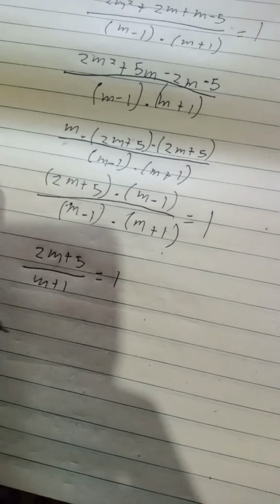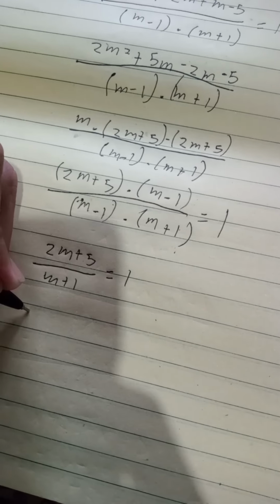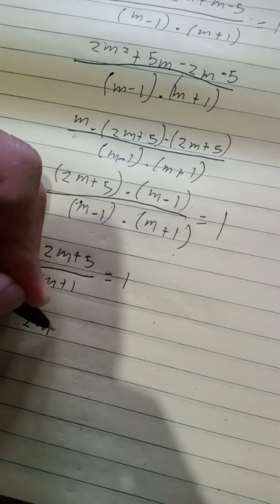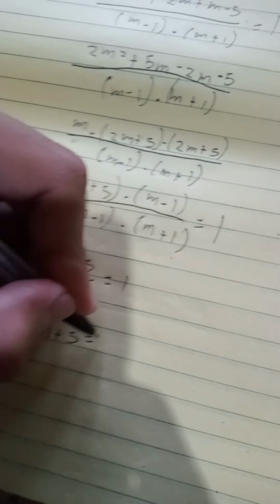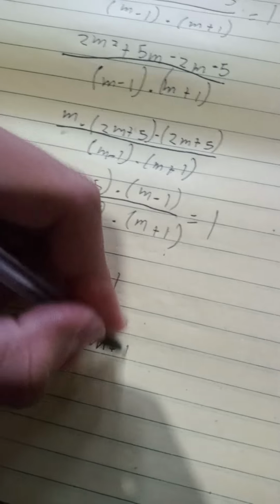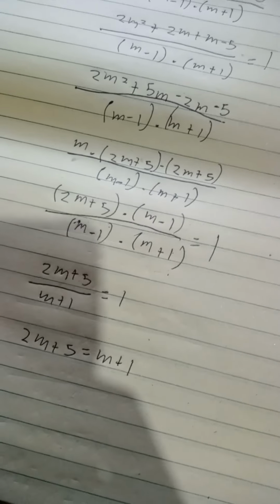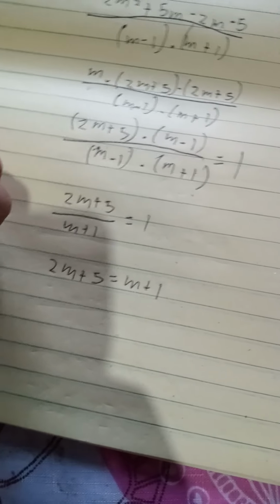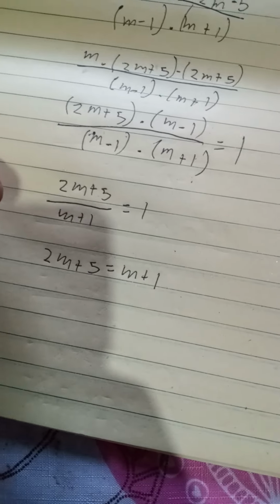It will be 2m plus 5 equals m plus 1. Then next we must collect like terms.